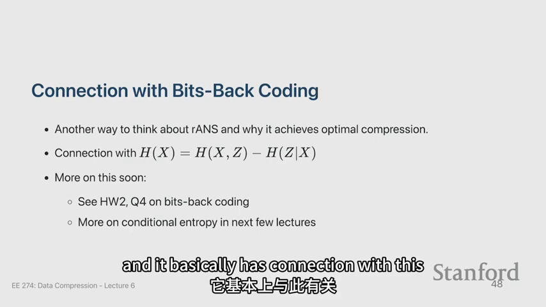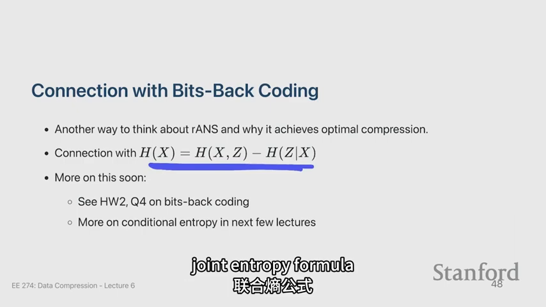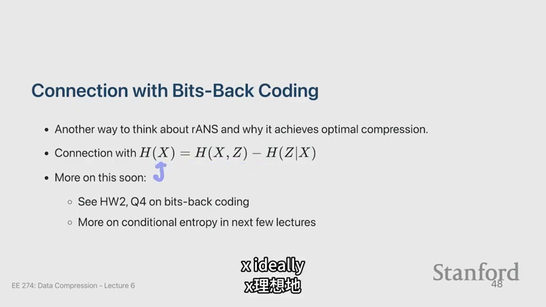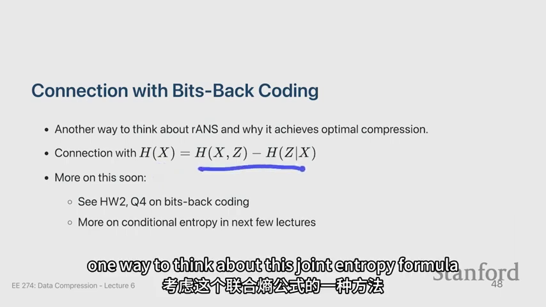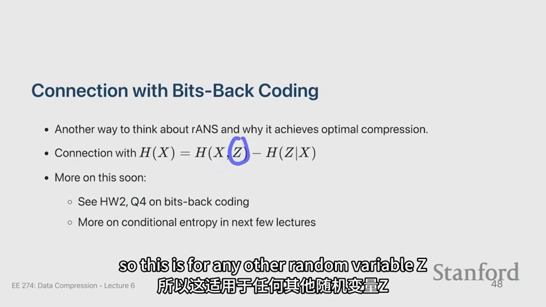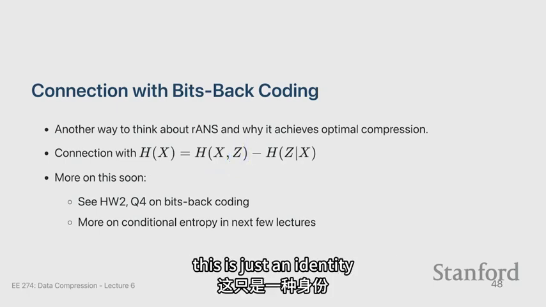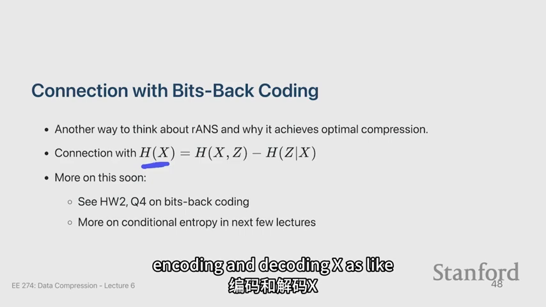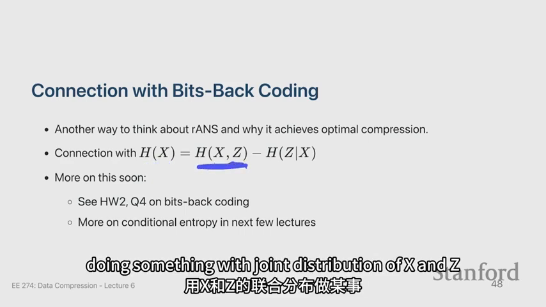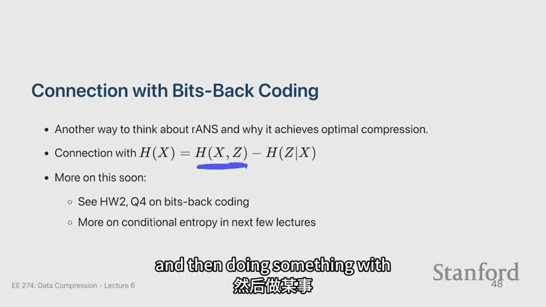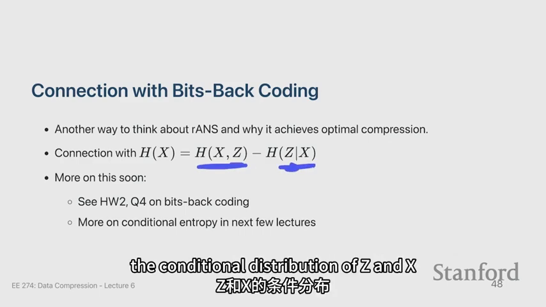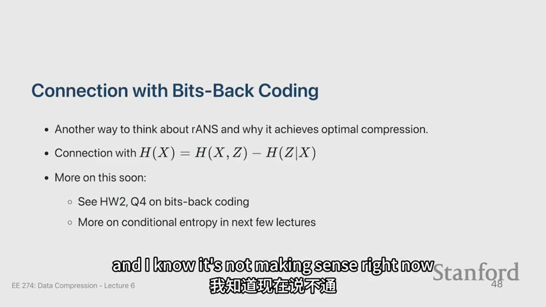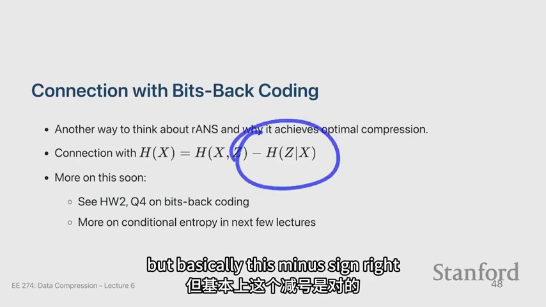And it has a connection with the joint entropy formula. If you were to compress X ideally, one way to think about this joint entropy formula, for any other random variable Z, is that this is just an identity, a mathematical fact. You can think of encoding and decoding X as doing something with the joint distribution of X and Z, and then doing something with the conditional distribution of Z given X. I know it's not making sense right now, but basically this minus sign, right?